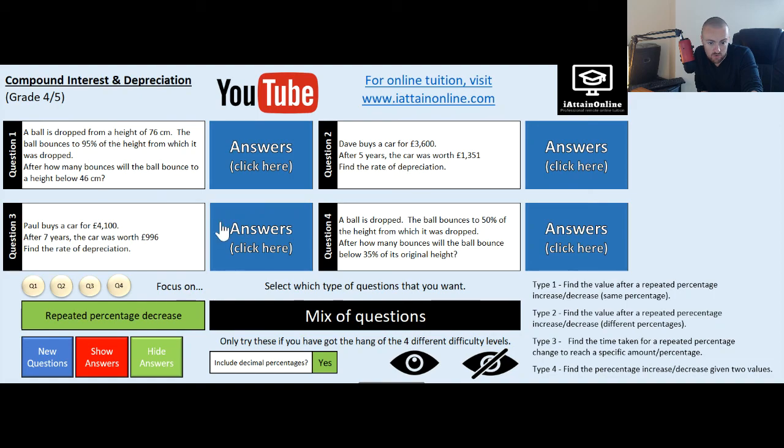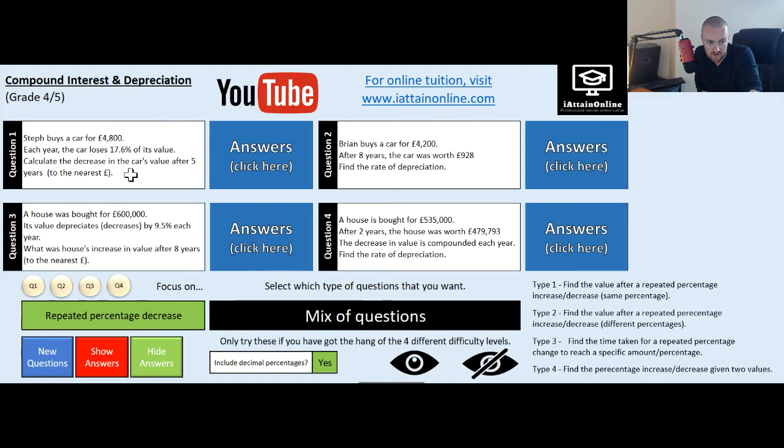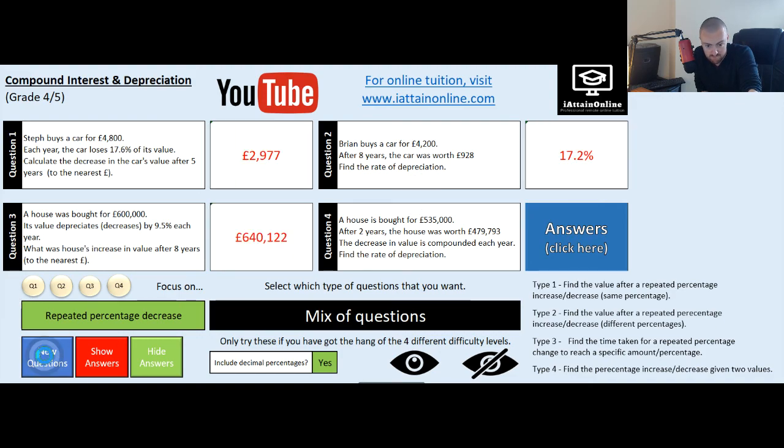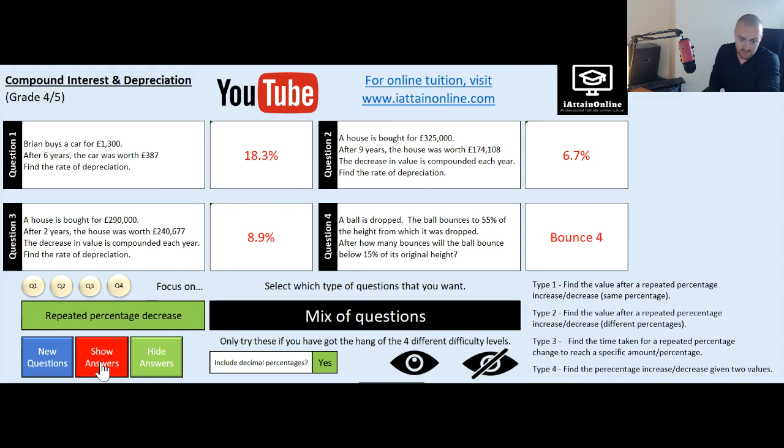That will give you percentages that are not whole numbers, so 17.6% for example. You can click on these to get the answers one at a time, or you can show them all at once. You can have a play around, I'm sure you'll figure it out.